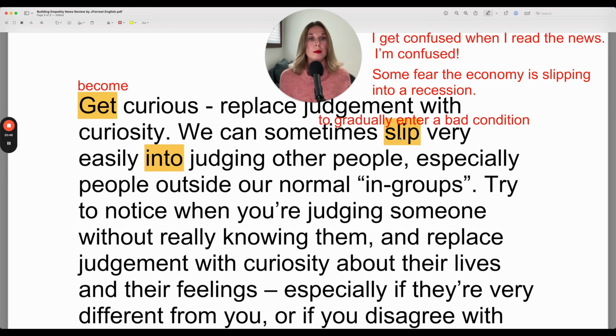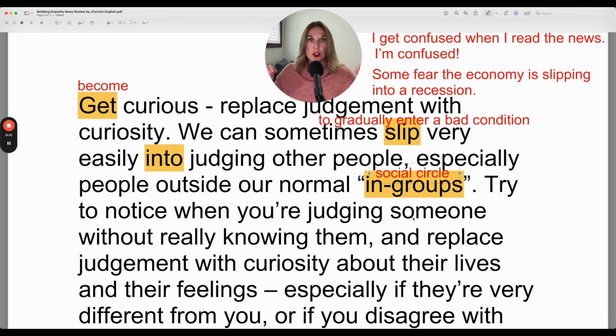We can sometimes slip very easily into judging other people, especially people outside our normal in-groups. An in-group in this case just represents the people you normally socialize with. That would be your in-group, the people who are within your normal circle, your normal social circle.